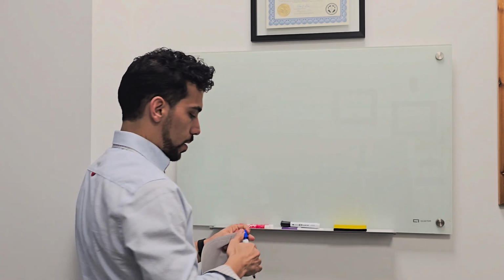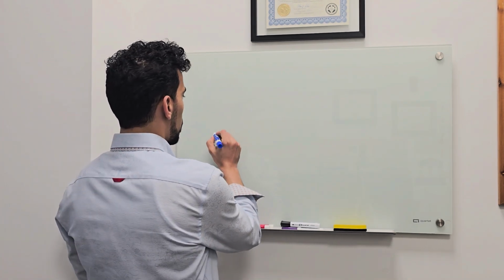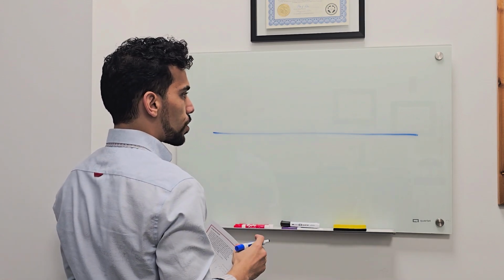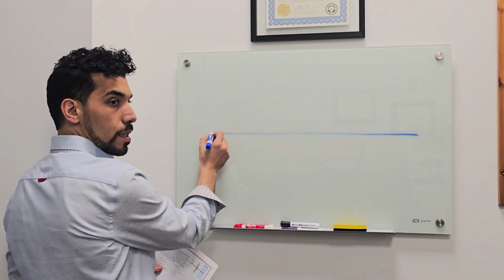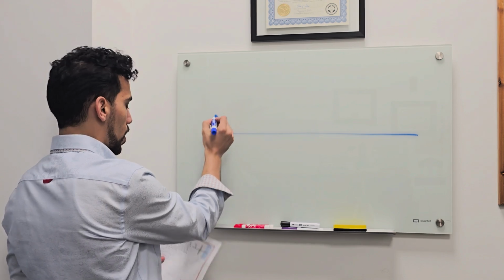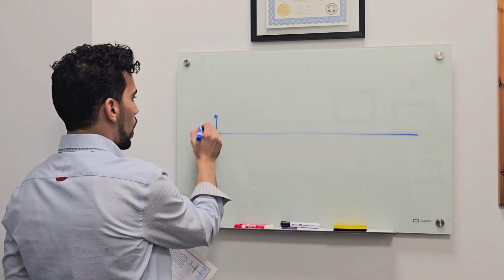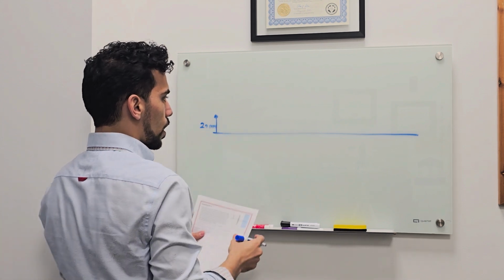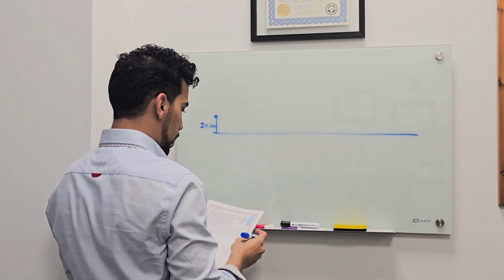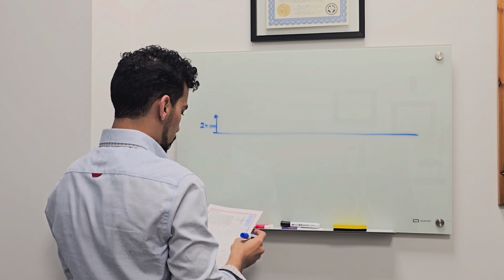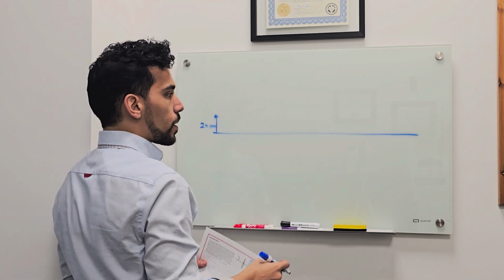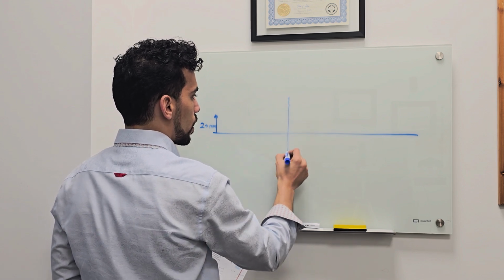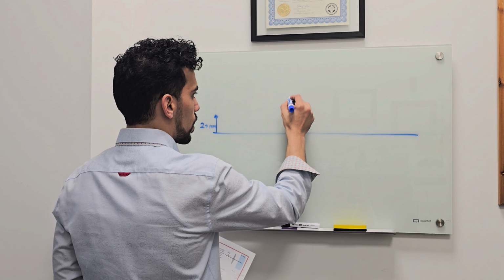Basically, we will have the center line here, and we have an object. Let's say this is the object itself, and the object has a height of 20 millimeters. Then after 80 millimeters, we are having a lens. This is going to be a converging lens.